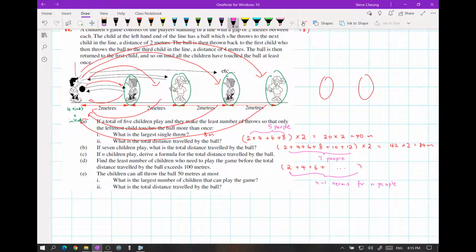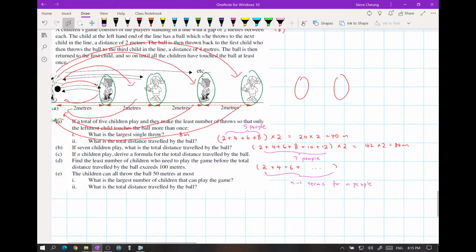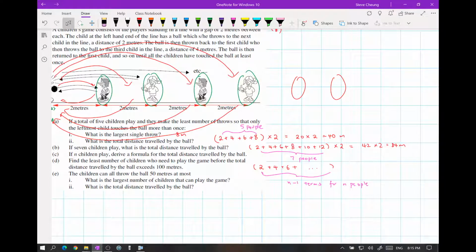If he tosses it to himself, it will just be 0. Well, technically, if you're tossing upwards, it's still going to be some distance traveled. But just take the first person away. So that's sort of the idea here. But how do I actually sum it up? This is U1. Difference is 2.